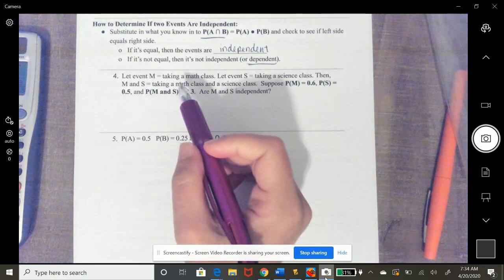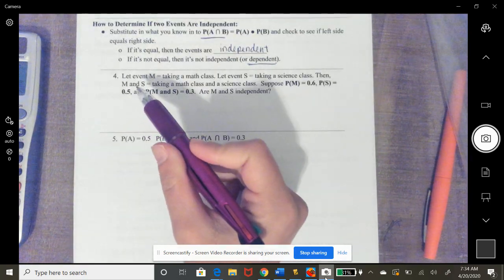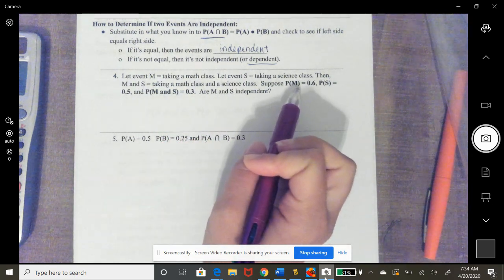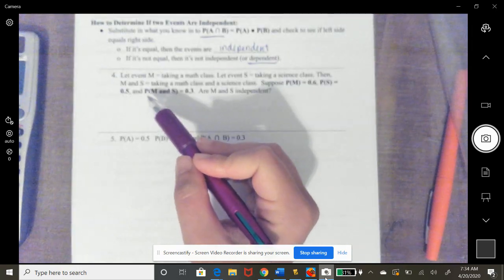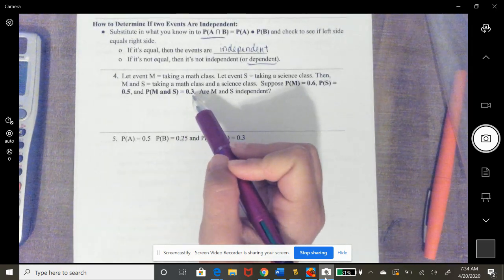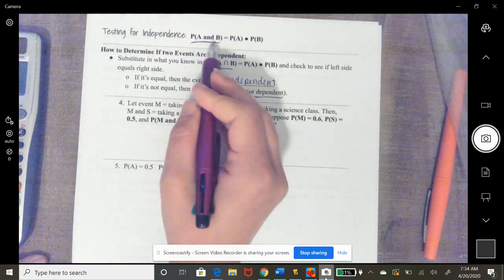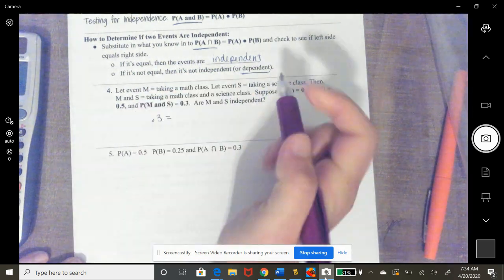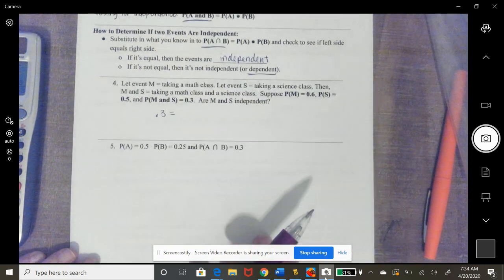M is taking a math class, S is taking a science class, then M and S is taking math and science class. Probability of math is 0.6, probability of science is 0.5, probability of math and science is 0.3. We want to know, does that equal the 2 individual probabilities multiplied together?